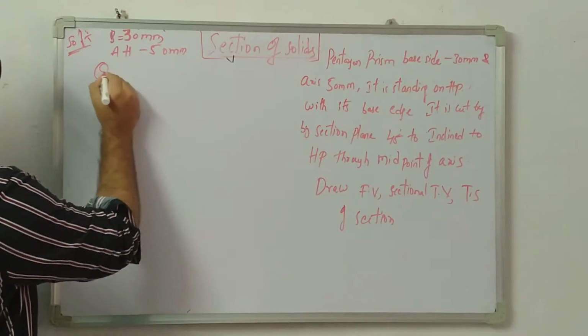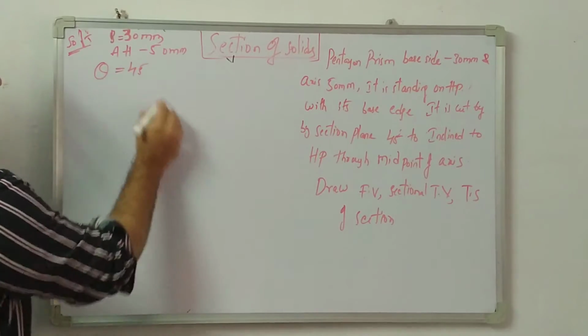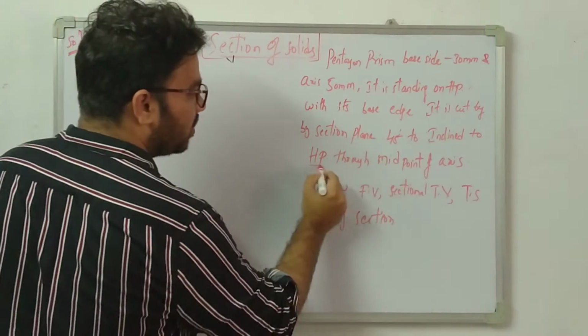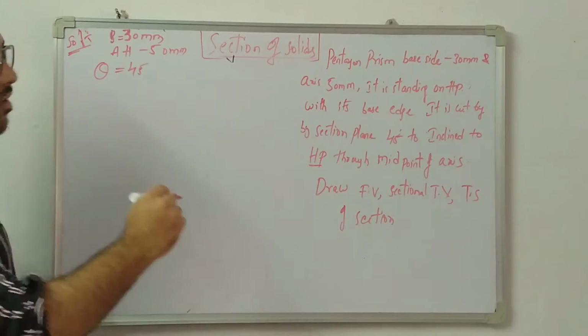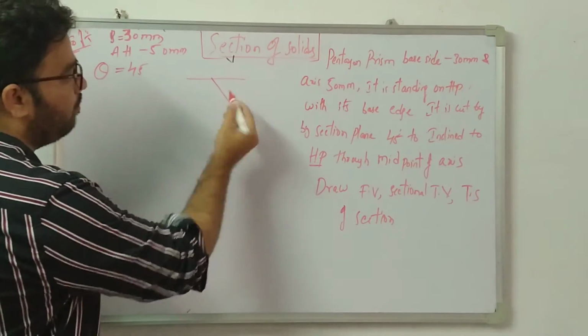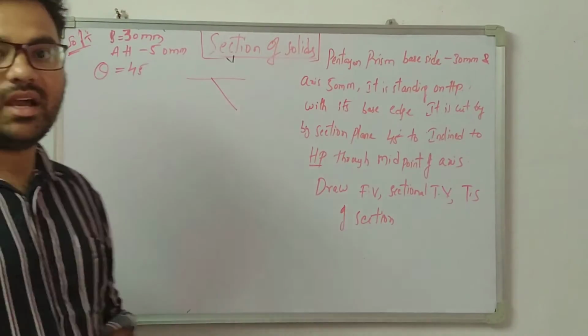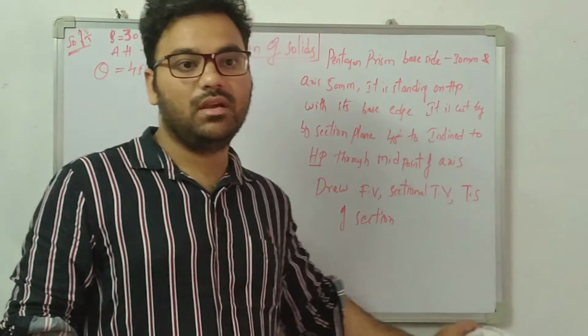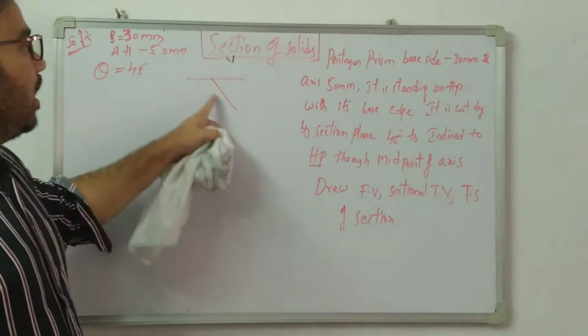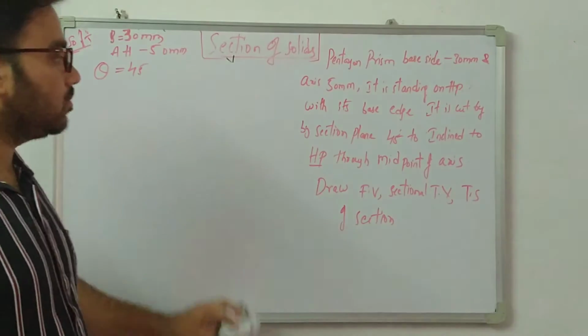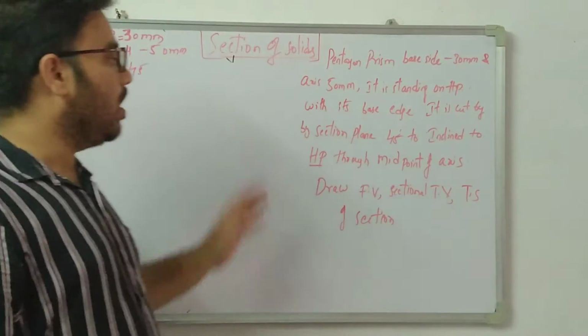Inclined to the HP means theta is mentioned. If inclined to the VP is mentioned, then phi is given. The phi should be drawn every time below the reference line. In any kind of problem, if the VP is given, draw like this. Now at the midpoint we have to draw.